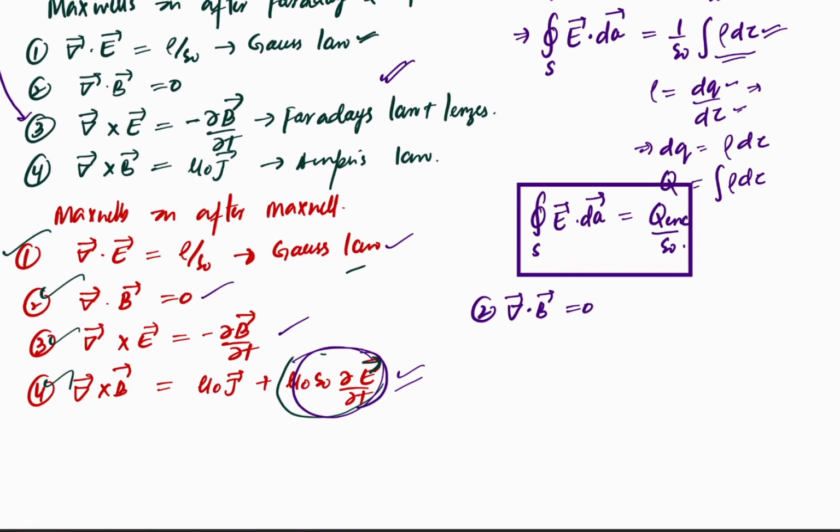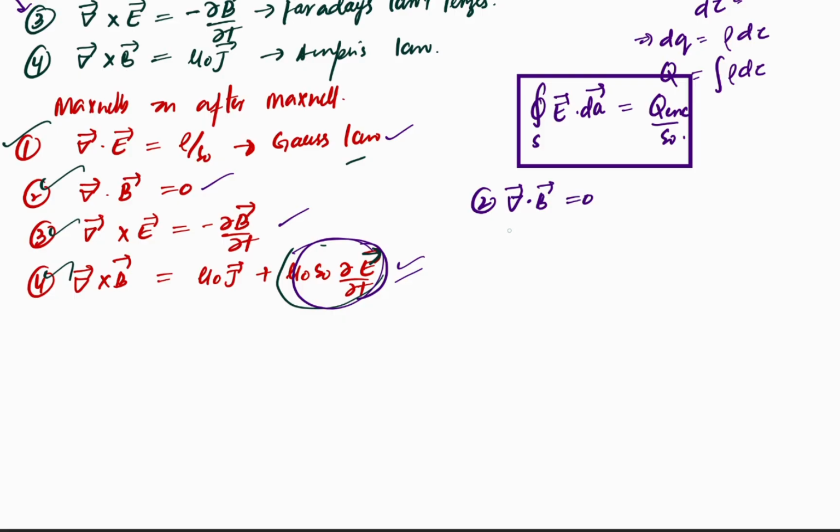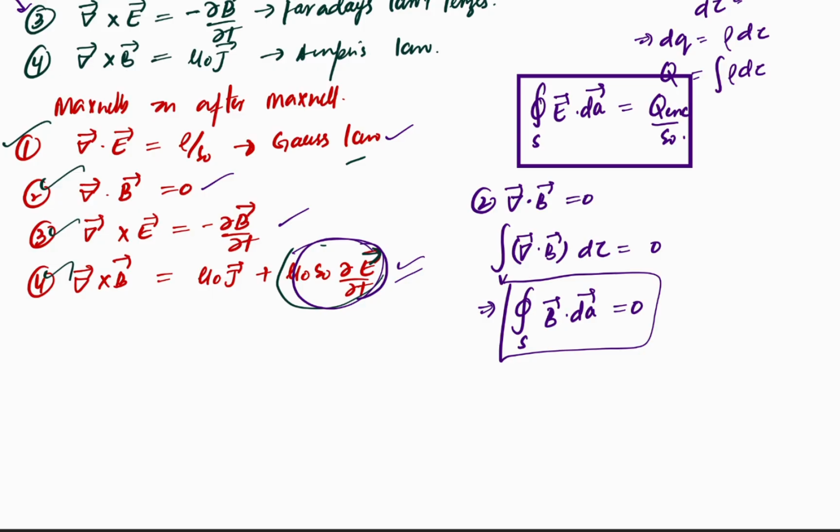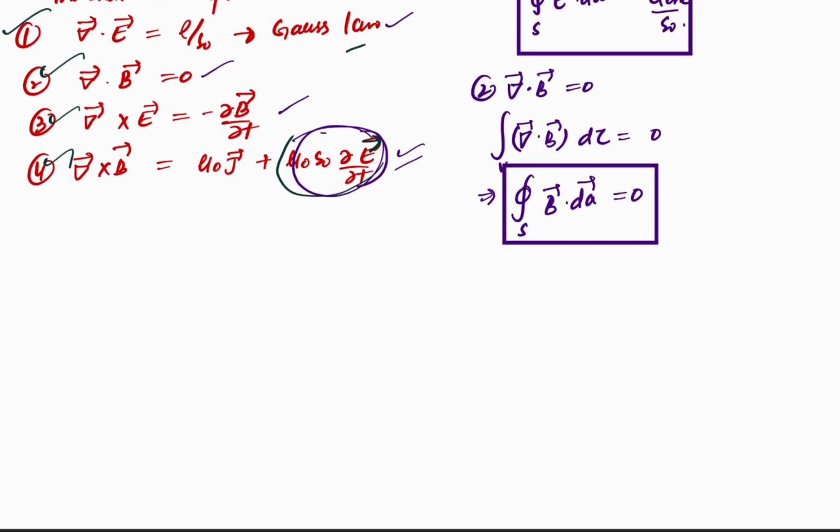You have to take the volume integral on both sides. So the volume integral of del dot of B d tau equals 0, which implies, again using the divergence theorem, volume goes to surface and the closed surface integral of B dot dA equals 0. So this is the integral form of the second equation.